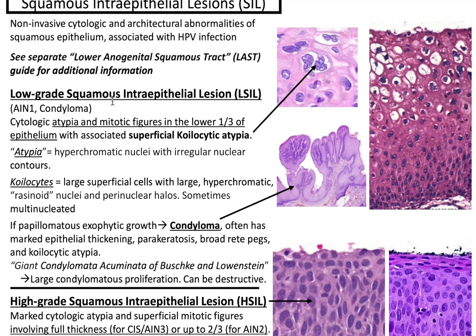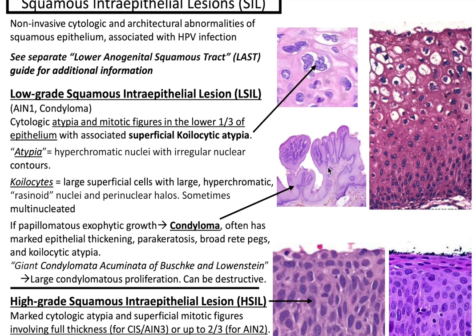This is cytologic atypia and mitotic figures in the lower 1/3 of epithelium with associated superficial koilocytic atypia. Atypia refers to hyperchromatic nuclei with irregular nuclear contours. And koilocytes are large superficial cells with hyperchromatic raisinoid nuclei and perinuclear halos, sometimes multinucleated, as you can see here.